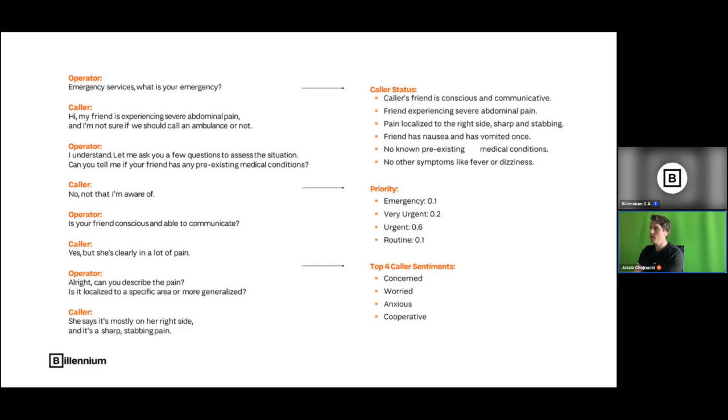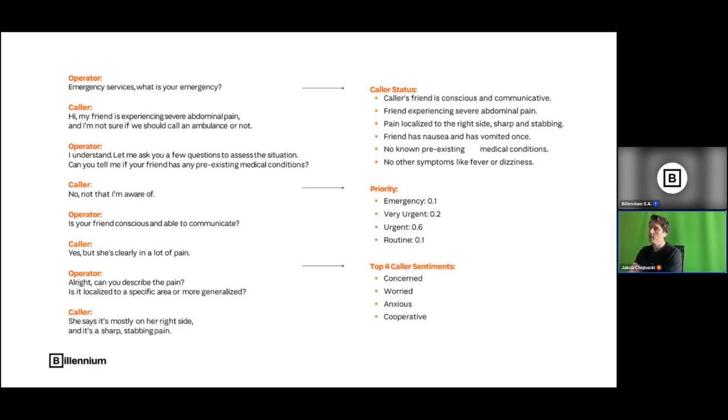So this is a summary that is done using a GPT model. The GPT model is making a summary of the most important points, such as what is the caller's friend status, what is the pain type, what is the location of pain, and all the important parts. Then it's making a caller sentiment analysis.